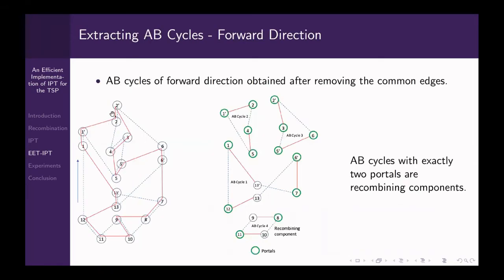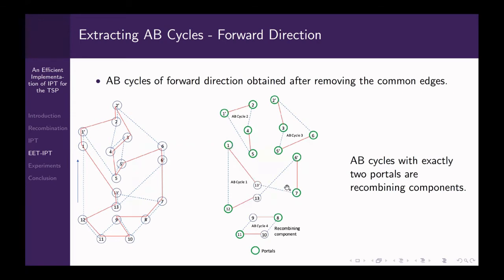Once all the common edges are removed, this union graph is broken into partitions, which we call AB cycles, because in these partitions all the nodes can be traversed by alternately traversing the edges of two different tools, red, blue and so on.